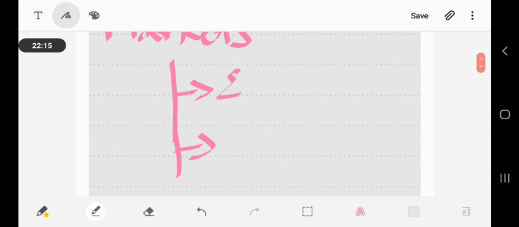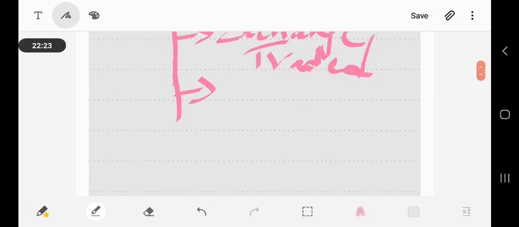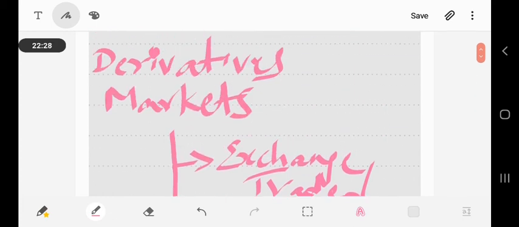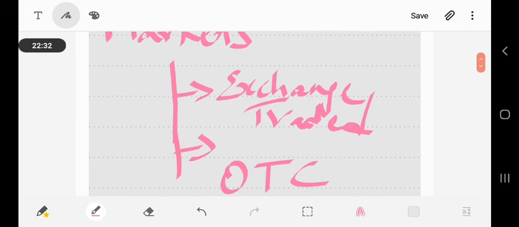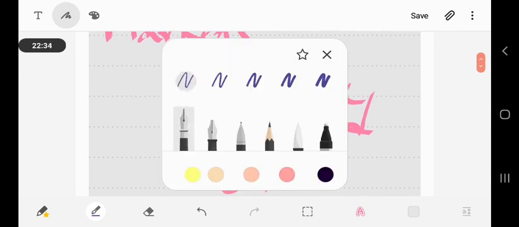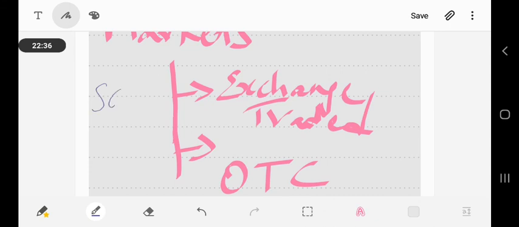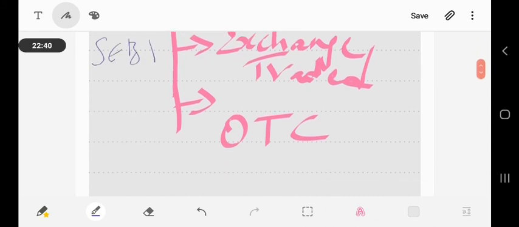What are they? One is exchange traded and the other one is OTC. And here comes the regulation. When derivatives are exchange traded, those are controlled by SEBI, and when the derivatives are OTC traded, these are controlled by Reserve Bank of India.